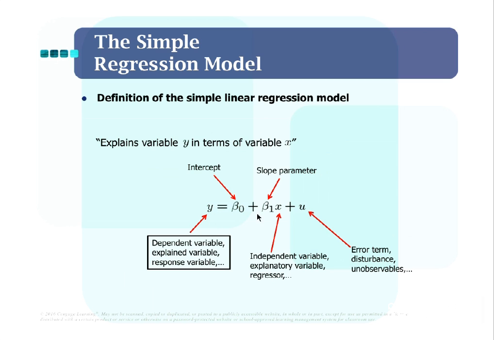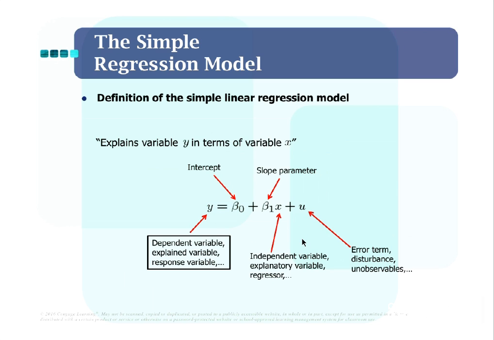The y variable is sometimes called dependent variable, explained variable, or response variable. Correspondingly, the x variable is called independent variable or explanatory variable or the regressor. So in econometrics, we assume x and y has this relationship.